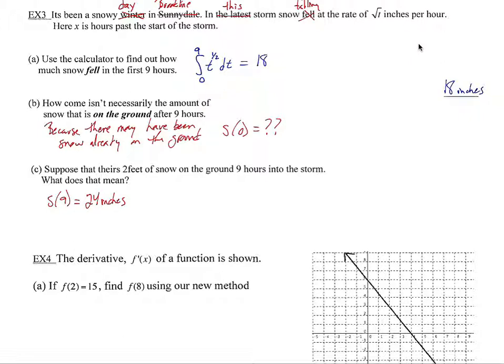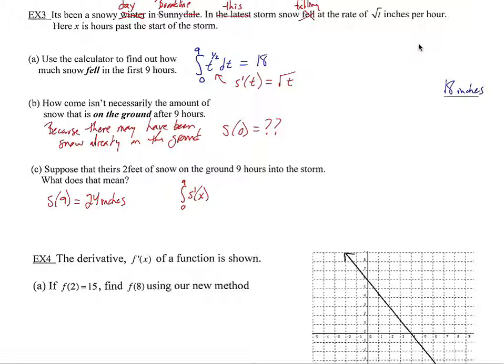Because by the fundamental theorem of calculus, we look at the integral from 0 to 9 of our function. We're going to call this the derivative, right? Because we know that the snow is falling at a rate of the square root of t.